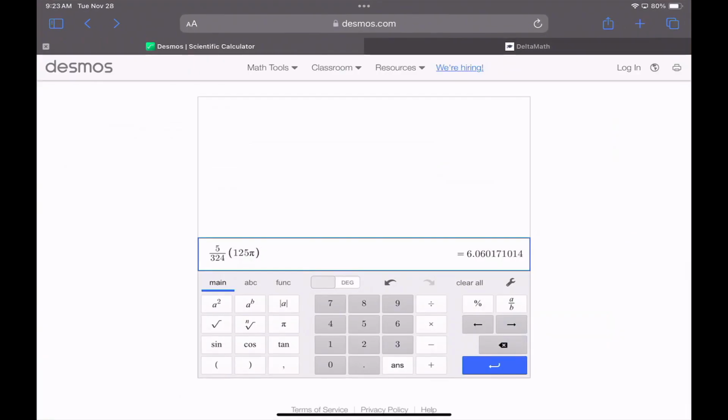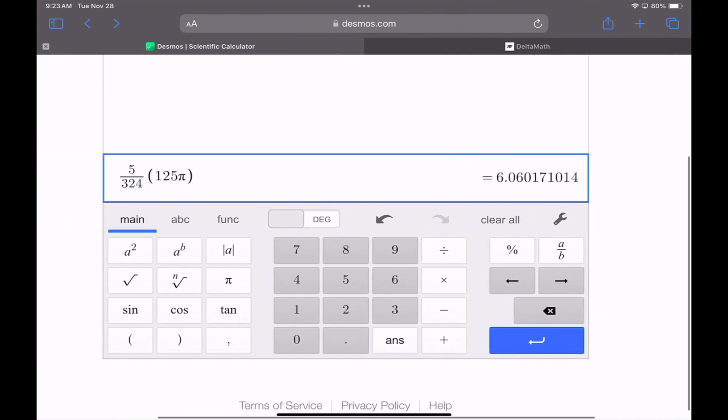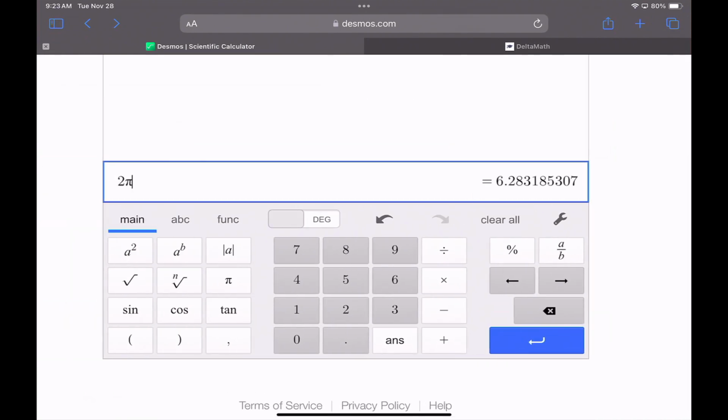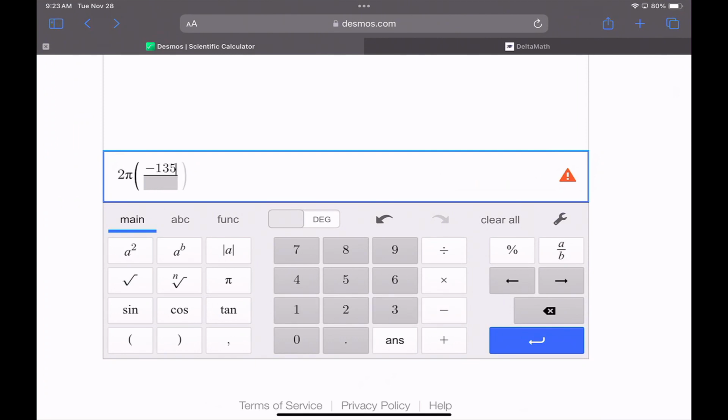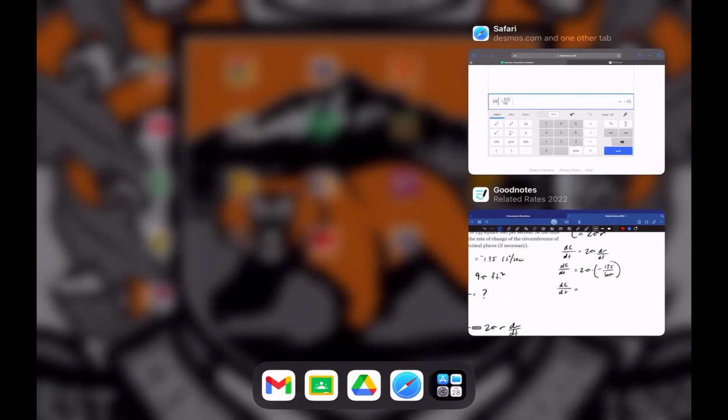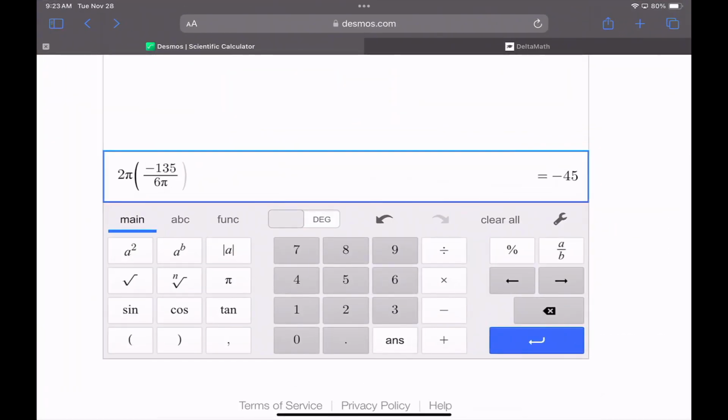So I'm going to put that in my calculator. 2 pi, parentheses, -135 over 6 pi. And we happen to get an answer, -45. Okay.